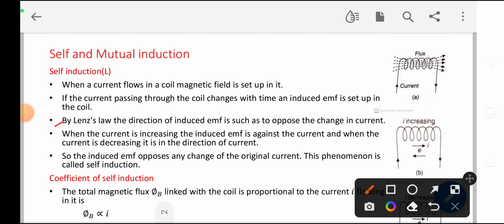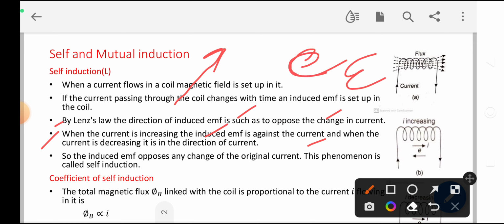By Lenz's law, the direction of induced EMF is such as to oppose the change in the circuit. It works on Lenz's law only, so it opposes the change in current. When the current is increasing, the induced EMF is against the current. Generally the induced EMF is denoted by the symbol E, or sometimes epsilon.